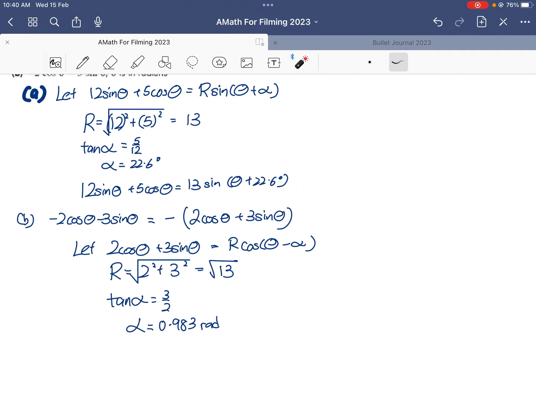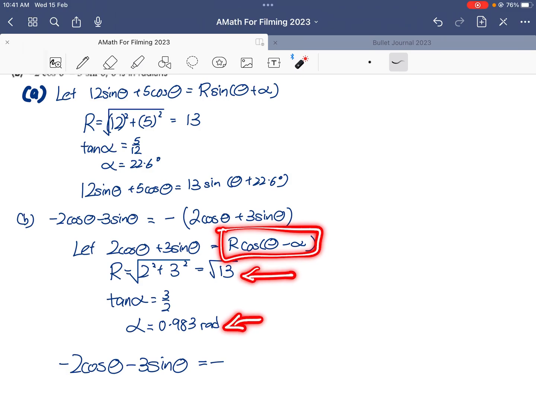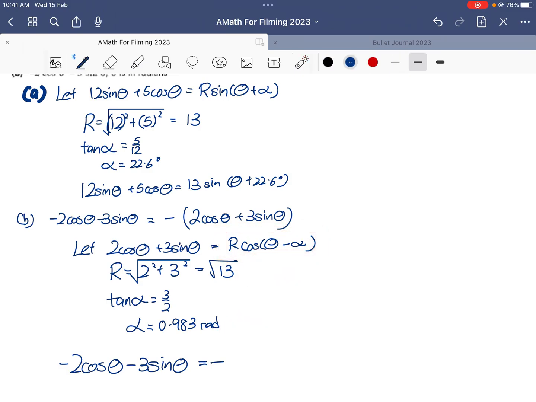Hence, if I go back to my first line here, negative 2 cosine theta minus 3 sine theta equals negative, okay, so the equivalence of this is this, and we have calculated the R value and alpha value. Hence, this becomes negative square root of 13 cosine theta minus 0.983 radians. And that's it for 18.